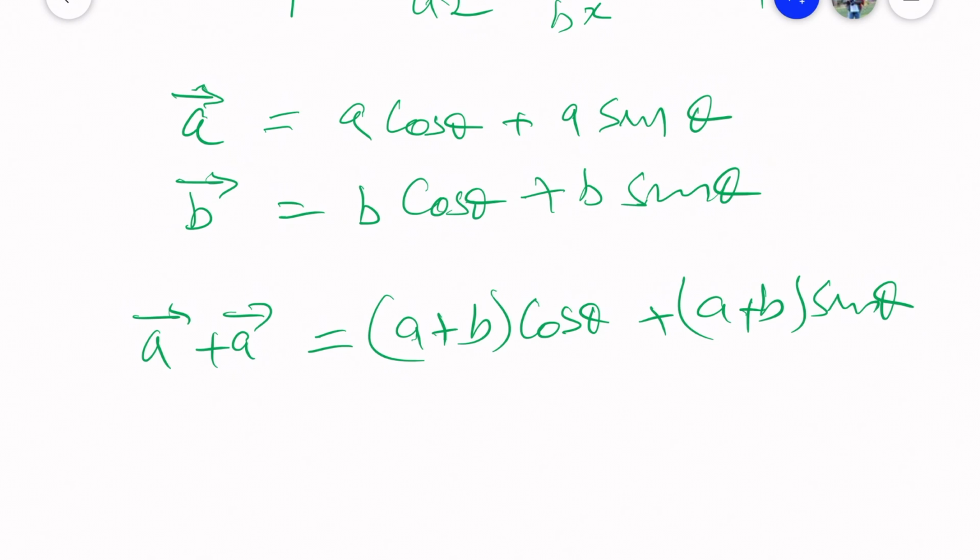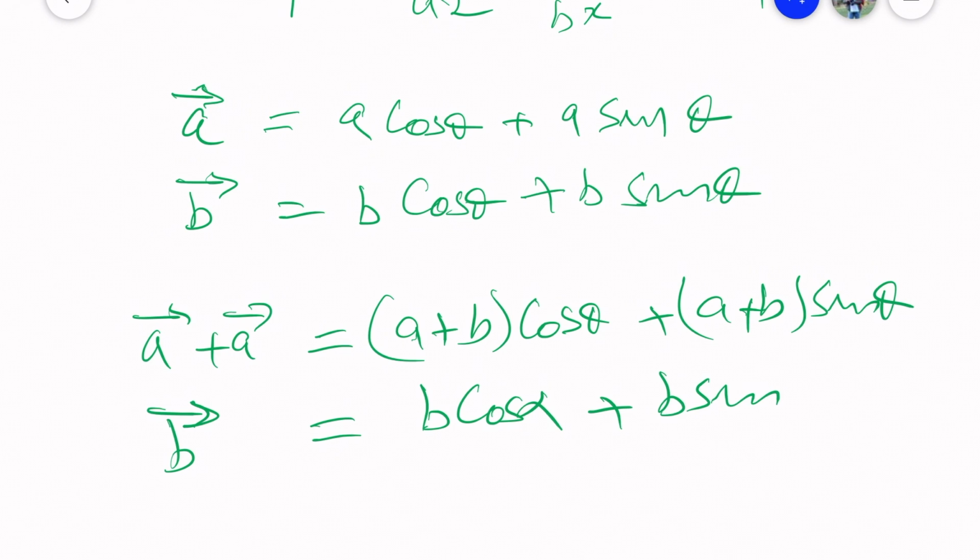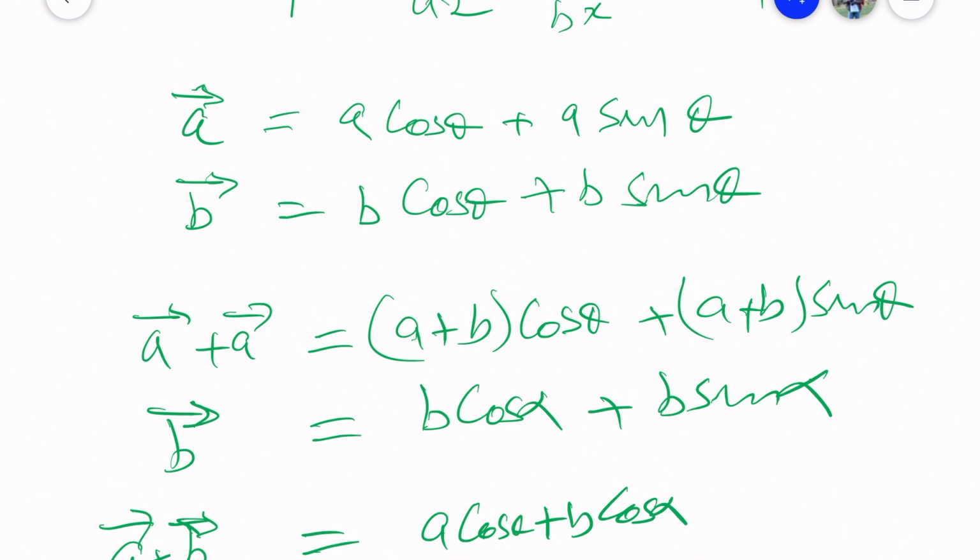But if they are different, let's say B was B cos alpha plus B sin alpha, then A plus B will be nothing but A cos theta plus B cos alpha plus A sin theta plus B sin alpha.